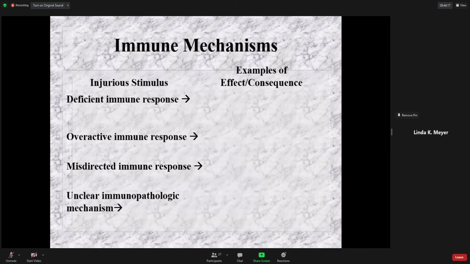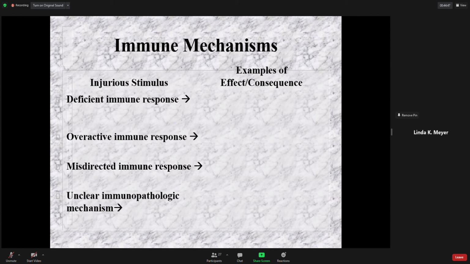Okay. Last week I mentioned that there were quite a few immunologic diseases that we'll be talking about in the course. And just to reiterate the injurious stimulus that relates to an immune mechanism and the example of the effect or the consequence. With immune mechanisms, we can see a deficient immune response as the injurious stimulus.